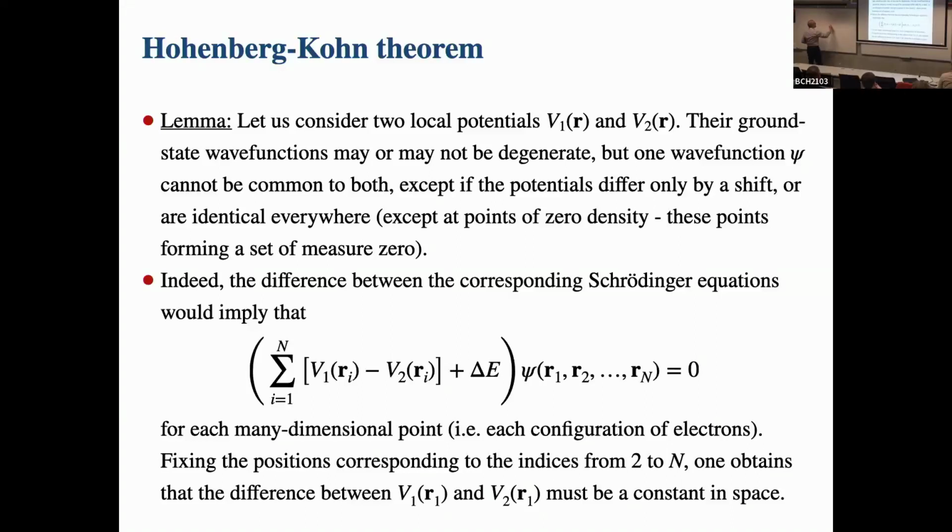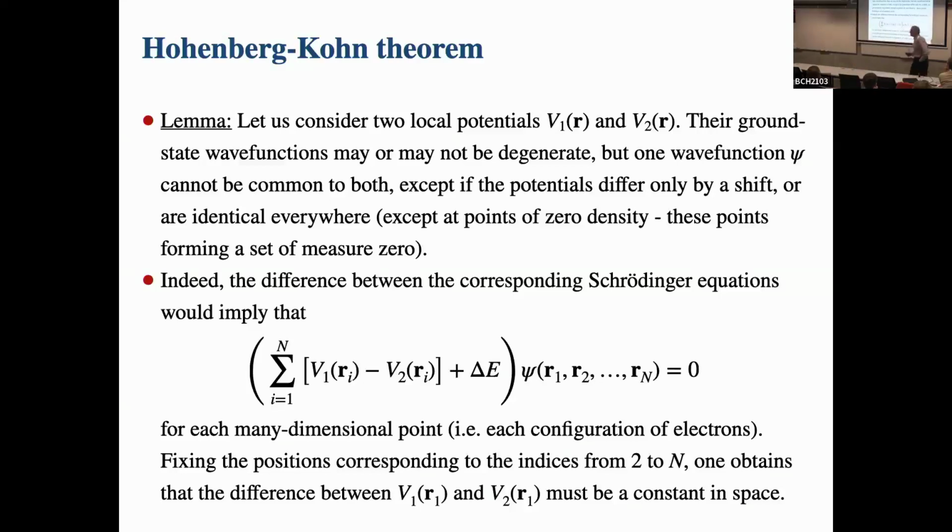Okay? So if you have the same wave function, H_V1 psi is equal to E1 psi, and then we have H_V2 psi equal to E2 psi. If you make the difference between the two, you're just left with what is written here.